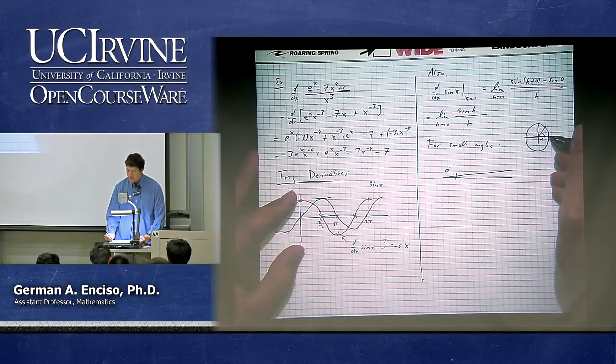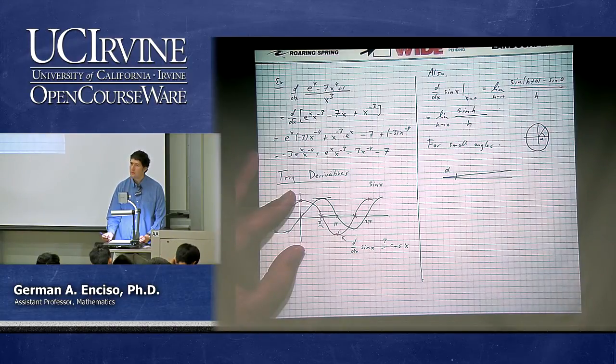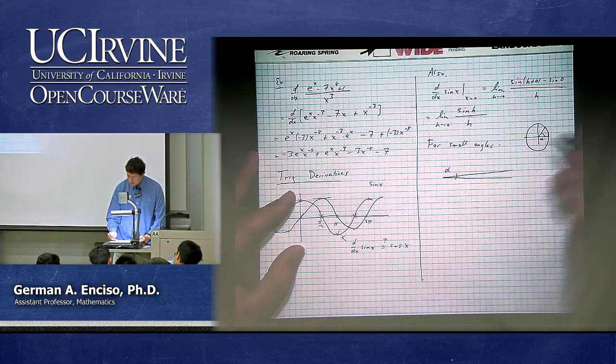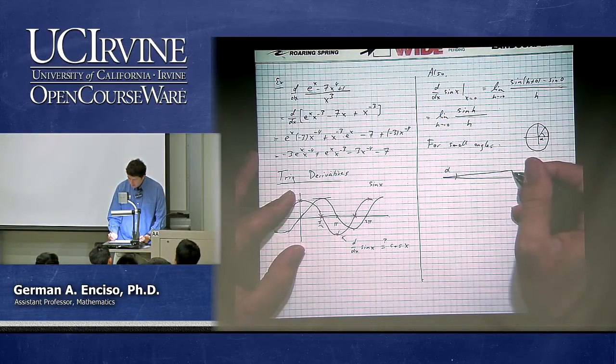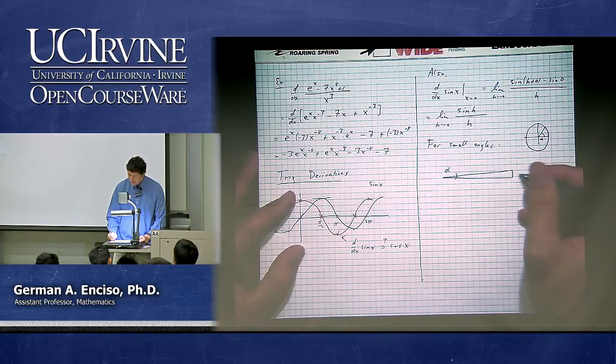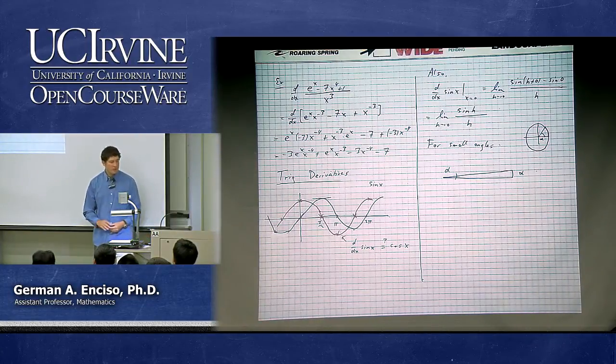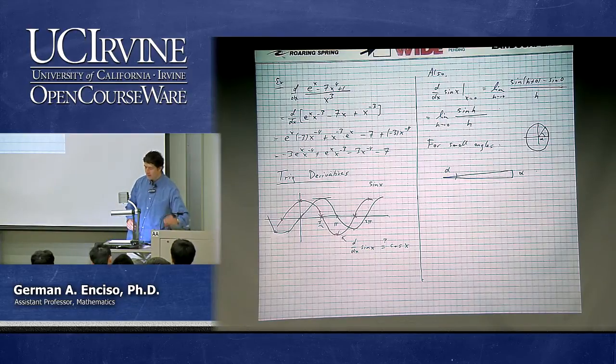So as a matter of fact, the angle in radians is nothing other than the length of this piece of arc. Right? That's what we mean by radians. So in this case, the length of that little piece of arc is actually alpha. That's what we mean in radians by the angle, is the length of that arc.